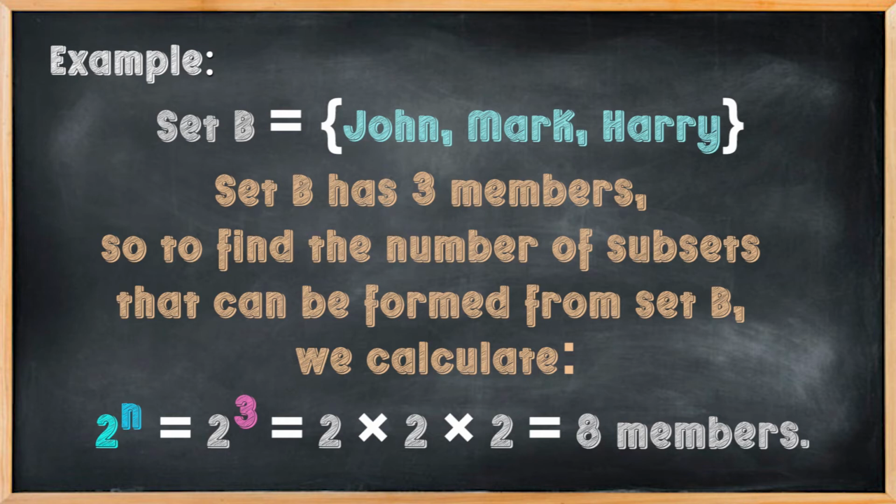This simply means, children, 2 times 2 times 2. When we calculate 2 times 2 times 2, we will get 8. 2 2's will give us 4, and 4 2's will give us 8. So it means that set B has 8 subsets.